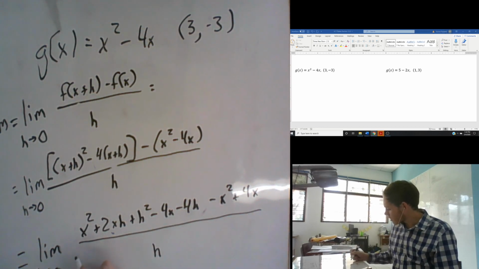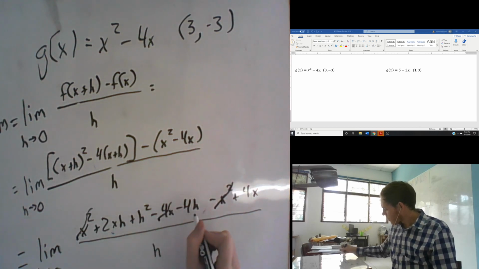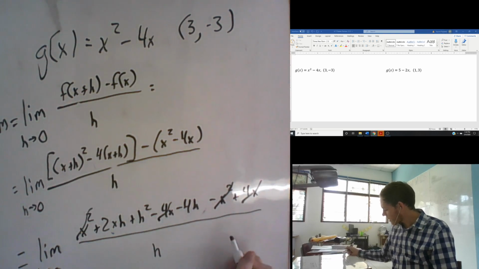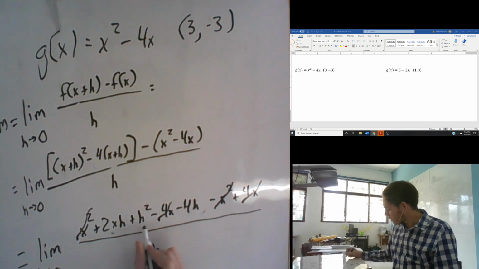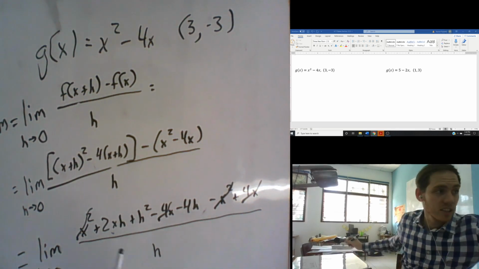Then we're going to cancel out the terms. So x squared and negative x squared cancel. Negative 4x and 4x cancel. And then the rest is going to stay: the h squared, the negative 4h, and the plus 2xh.